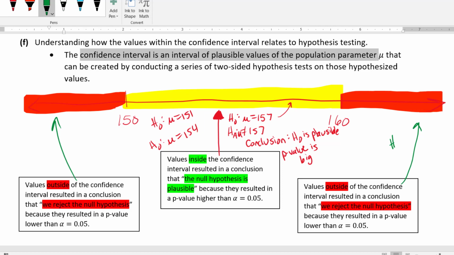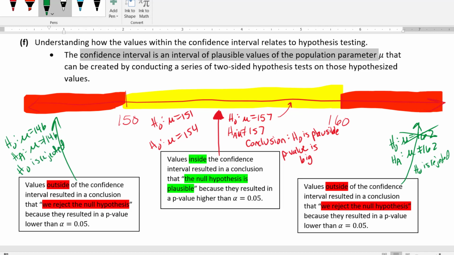So for example, if we hypothesized that mu is equal to 162 and had an alternative hypothesis that mu is not 162, we would say that the null hypothesis is rejected, that we do not believe mu is equal to 162. If we had a hypothesis that mu is equal to 146, since that's below 150, we again would reject that hypothesis.